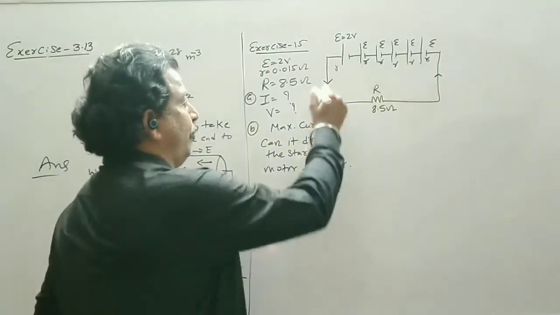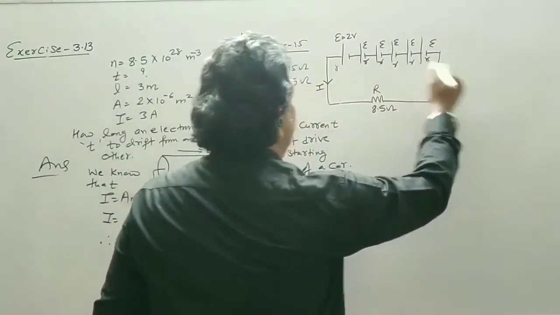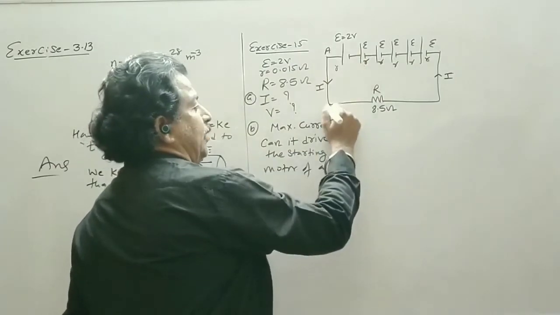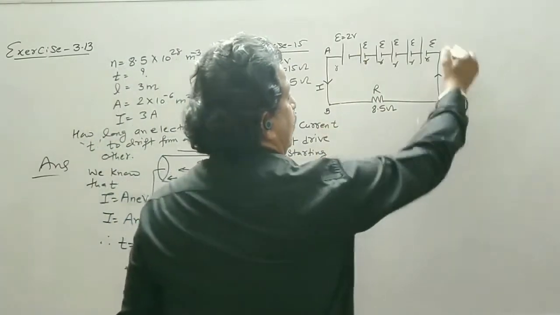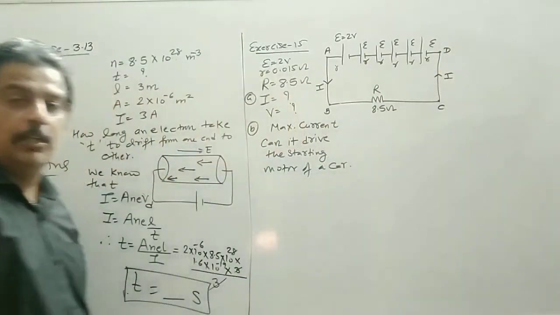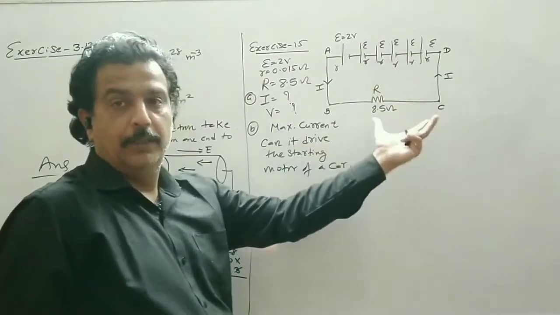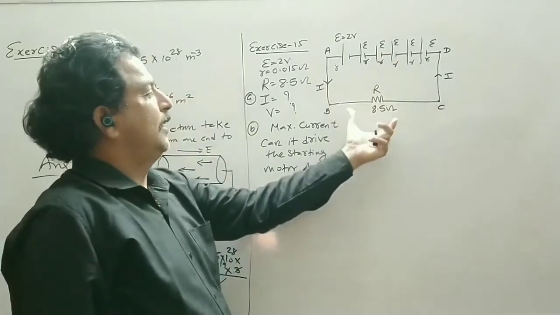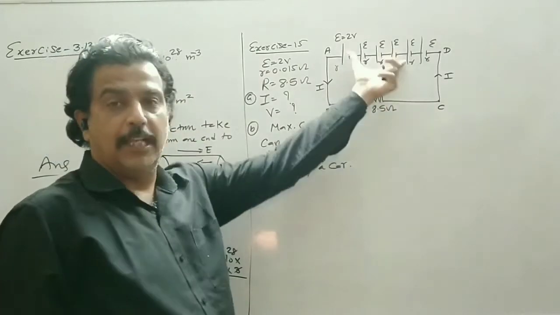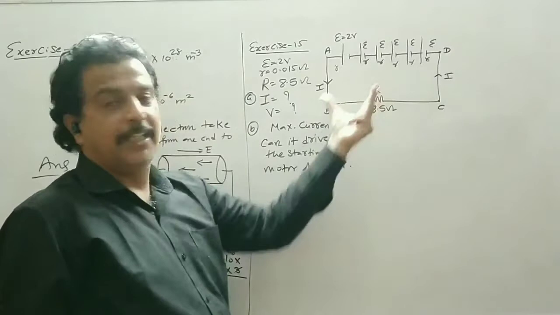So if I want to find out the total current, again, if you find difficulty in finding the current, we can easily apply Kirchhoff's second law to the loop. But here the circuit simply consists of cells and the resistance.